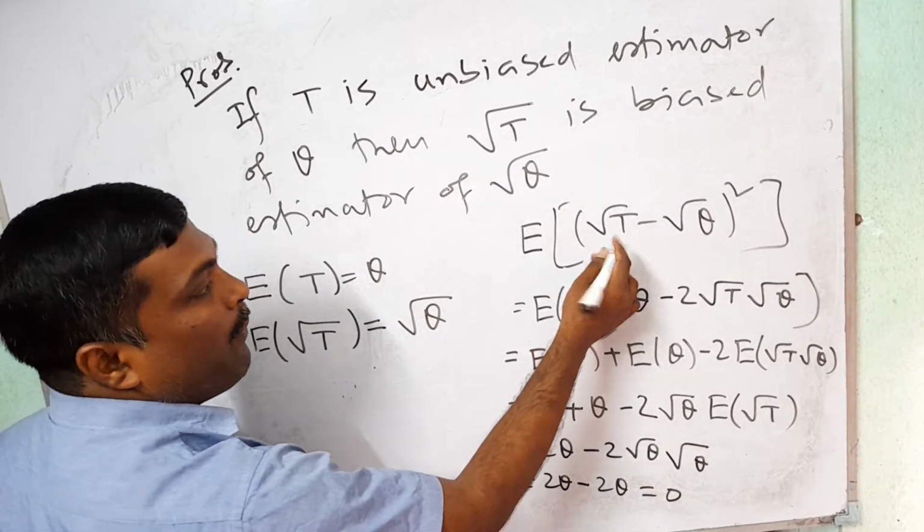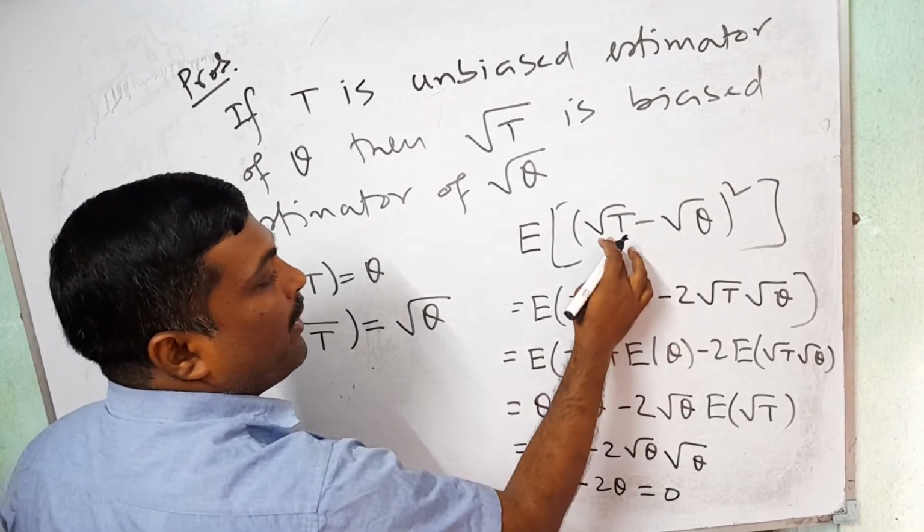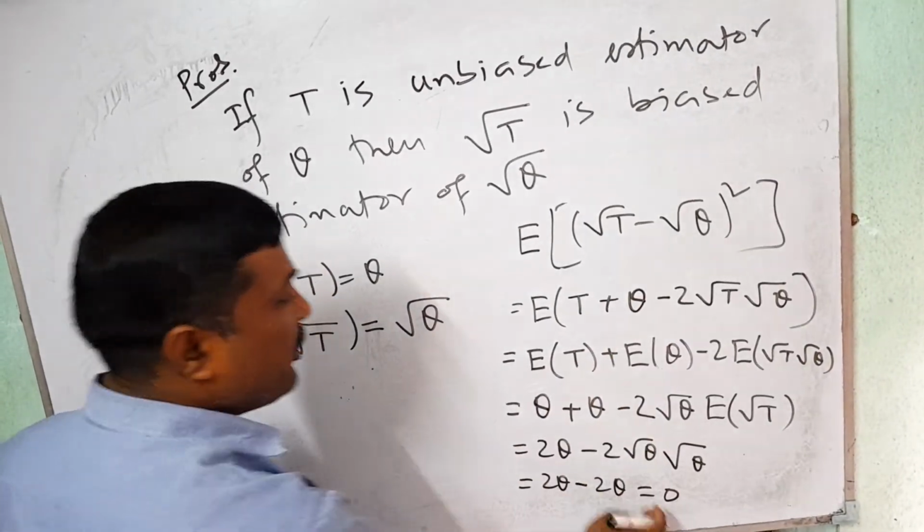So E of root over T minus root over theta whole square is 0.